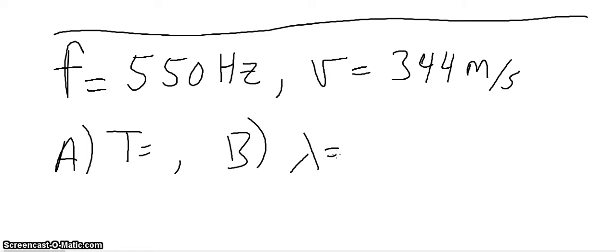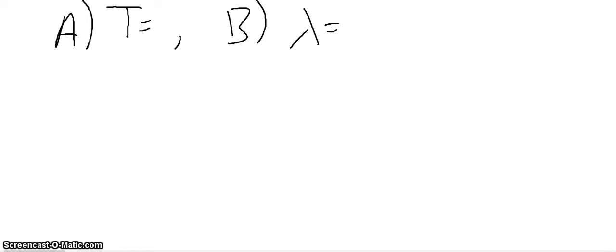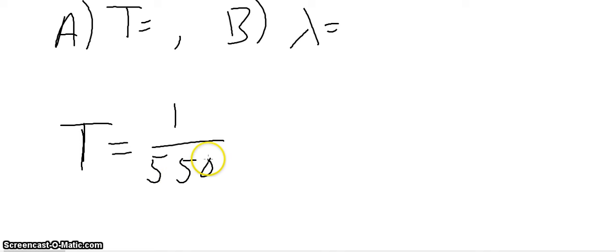All right, so let's get started. Well, the period is pretty simple. The period is just 1 over the frequency. So it's just going to be 1 over 550 hertz. And when I plug that into my calculator, it's a pretty small number.